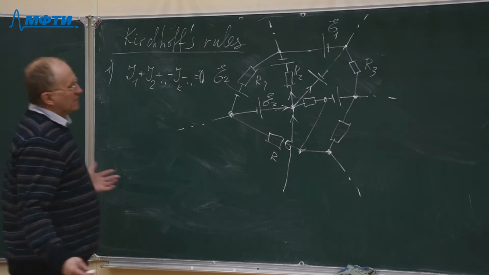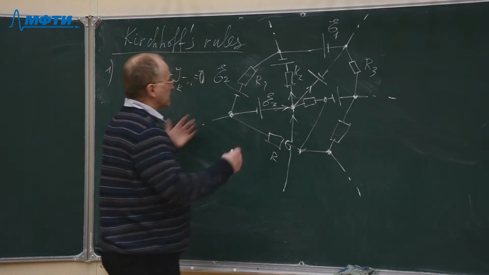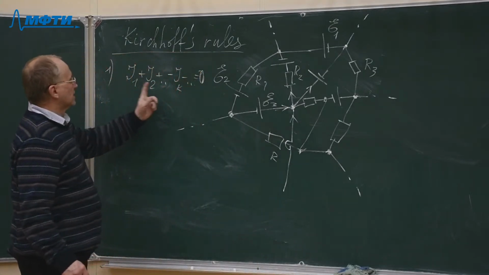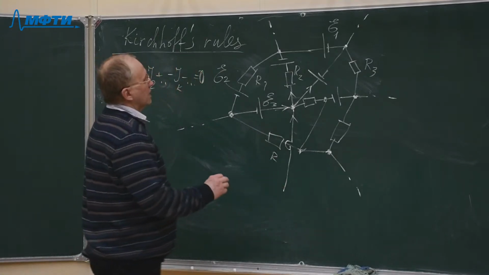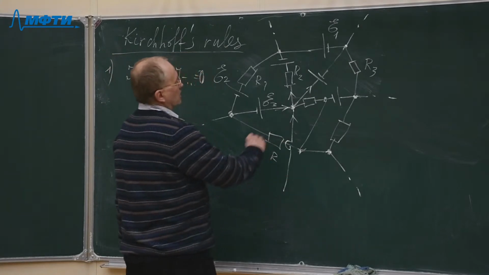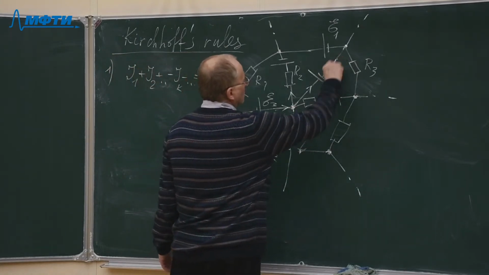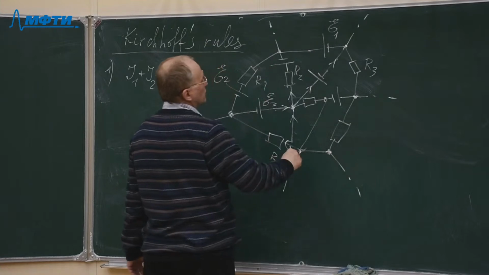Well, if we don't know where the current actually flows, how can we decide whether it will be with the plus sign or minus sign? At first, we assume that the currents flow in a certain direction in each element of this circuit.